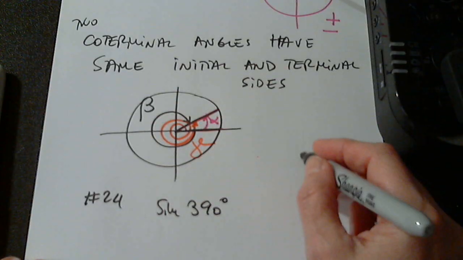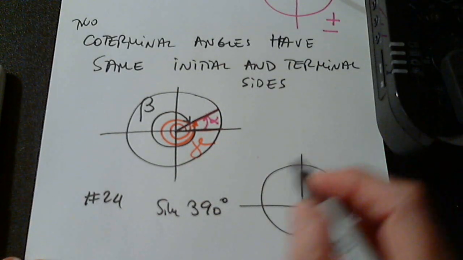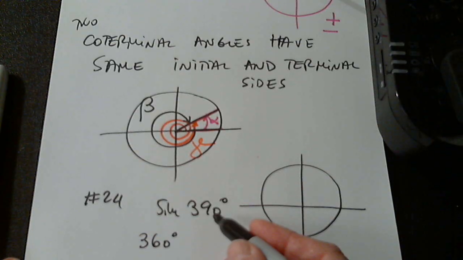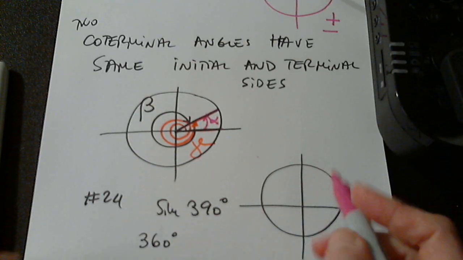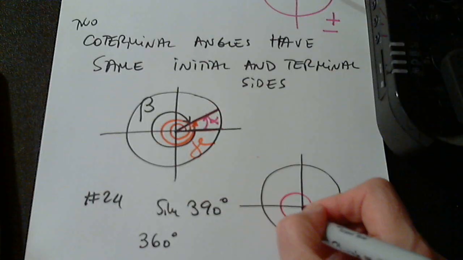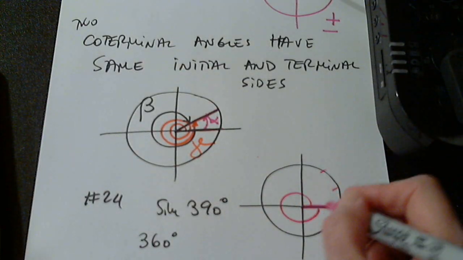First of all, I have to picture what this is. And I know that a complete rotation is 360 degrees. So this is 30 degrees more. So I want to picture this angle. It starts here, goes around the circle once for 360, and then 30 more.